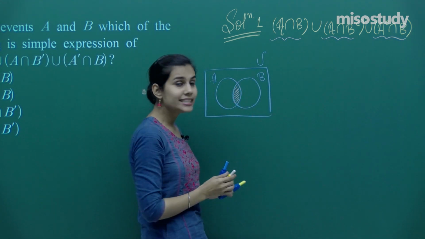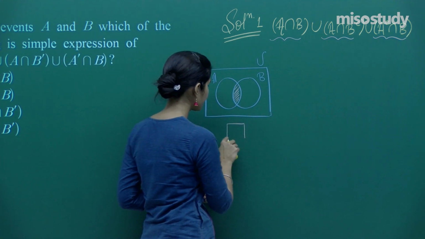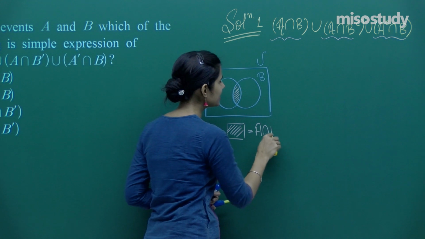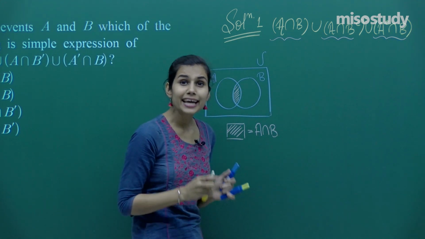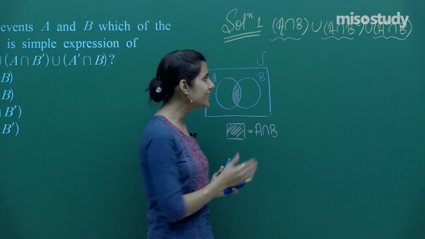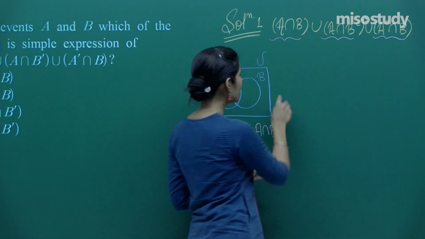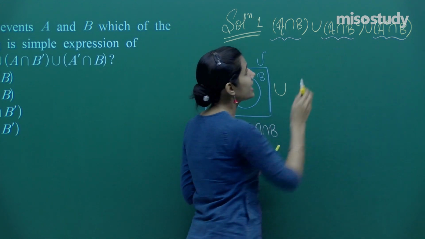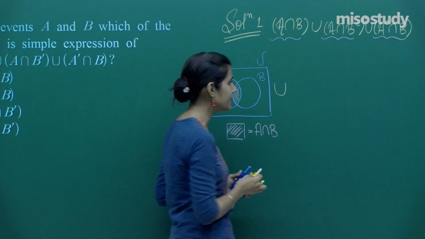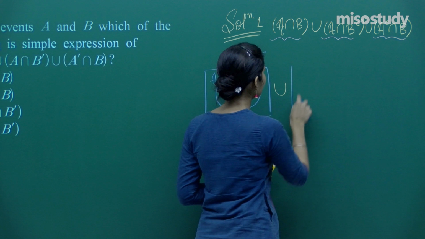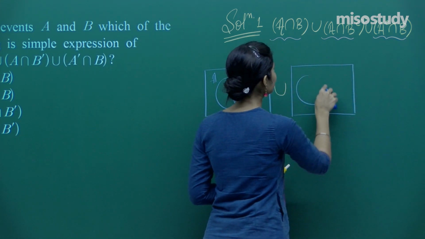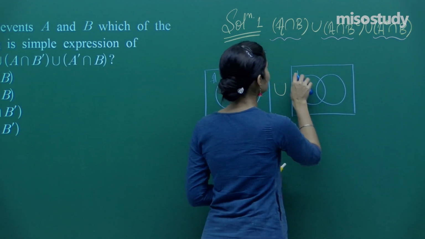Now this shaded portion here represents A intersection B. I am supposed to take the union of this shaded portion with which set? I have to take it with A intersection B complement. So let us draw another Venn diagram which is going to show us visually what is A intersection B complement.